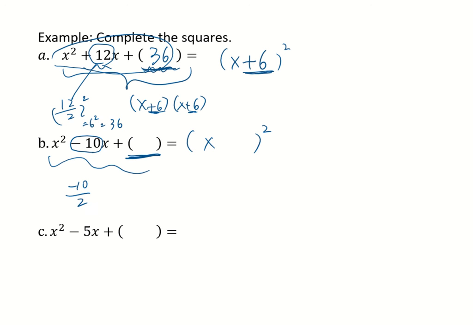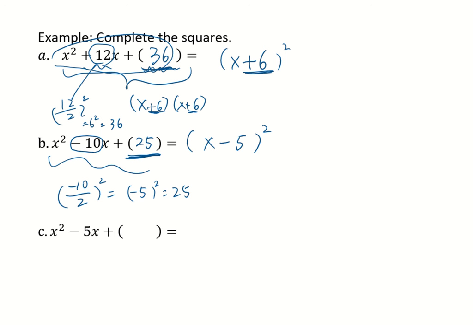You divide it by 2, and then you square it, which is negative 5 squared. It's 25. So if you add a 25 here, then these three terms is a perfect square trinomial, which is x, this number is negative 10 divided by 2, minus 5 squared.